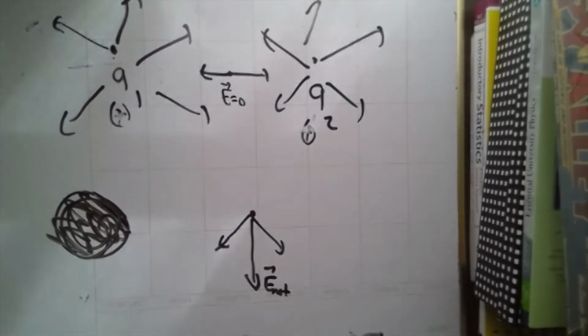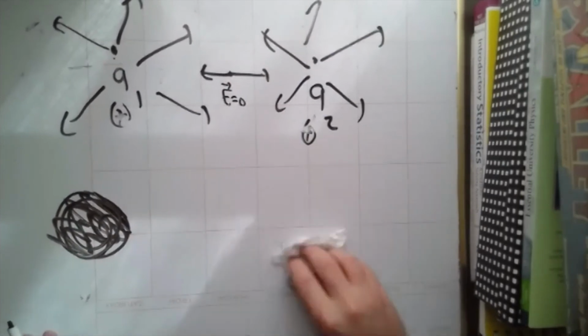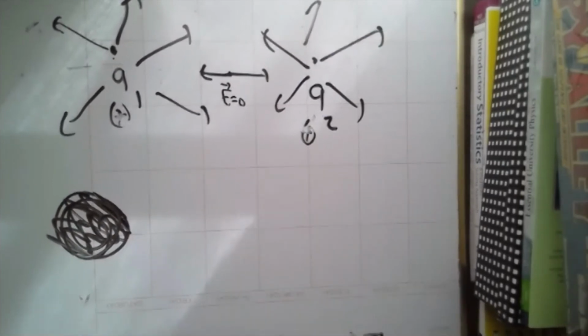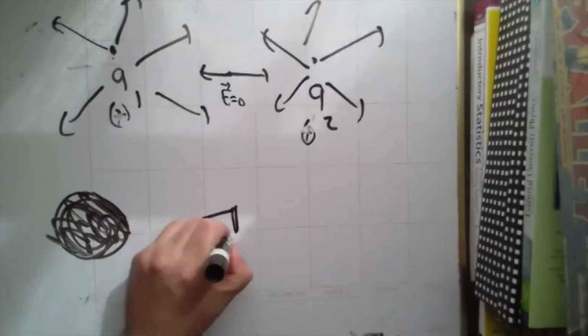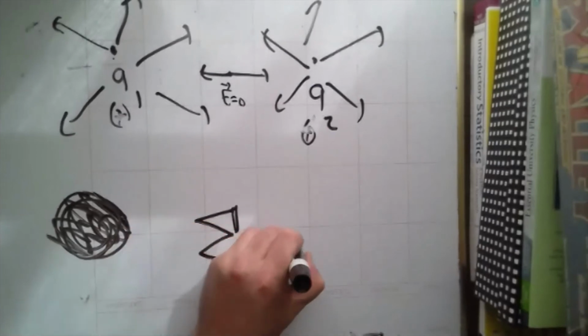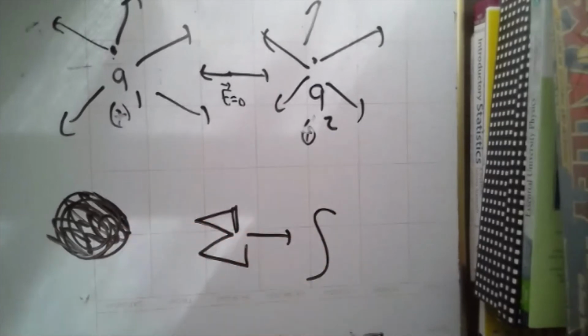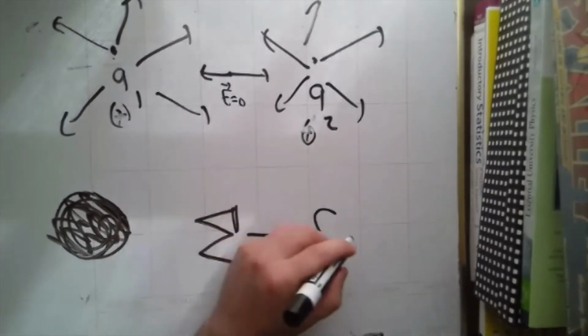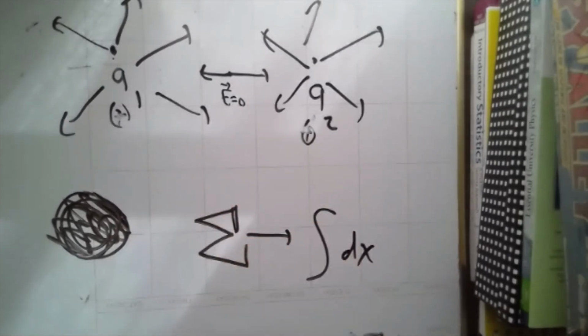Well, now we're going to do the limit version of doing a whole bunch of sums. You guys have had calculus. What happens when you take something smaller and smaller and add an infinite number of things together? That sum turns into an integral over some dx or dy or whatever.